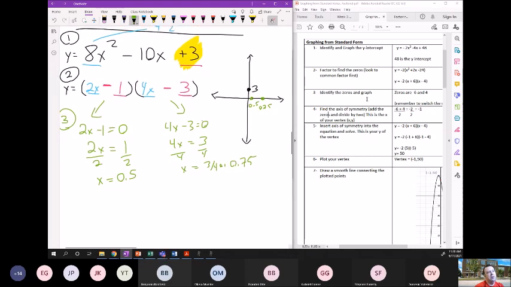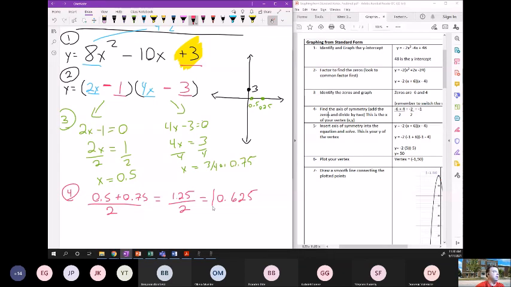We can move on to step 4, which is finding our axis of symmetry. So this will be, add them up. Oops, what did I just write? Divide by 2. So 1.25 divided by 2 is what? 0.625. Okay.